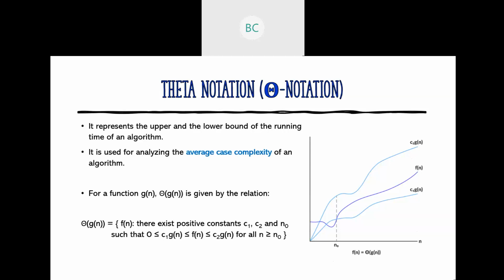Now, apart from these three, there are three other notations as well: small theta, small omega, and small o. And those mainly give tight bounds. But I will not go into those, because the whole design and analysis of algorithms will be covered in your next semester.